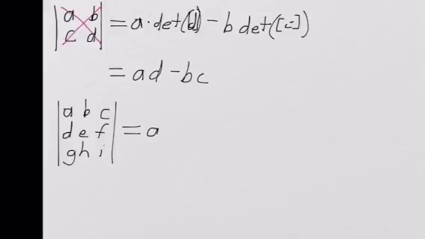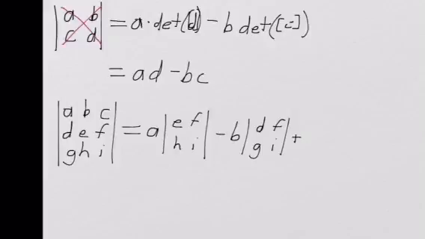So I have A times the determinant of E, F, H, I, minus B times the determinant of D, F, G, I, plus C times the determinant of D, E, G, H.